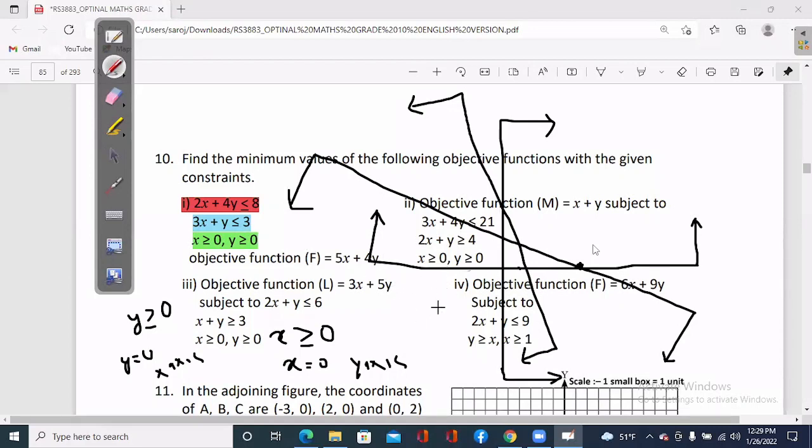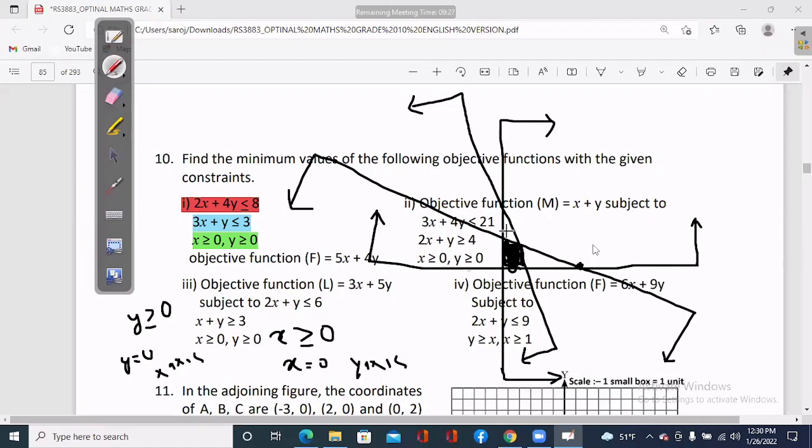After this, now you need to find the feasible region. Feasible region means you have to first see all the arrows, 4 arrows. So after finding all this, we need to understand which is the feasible region. The feasible region will be this quadrilateral.